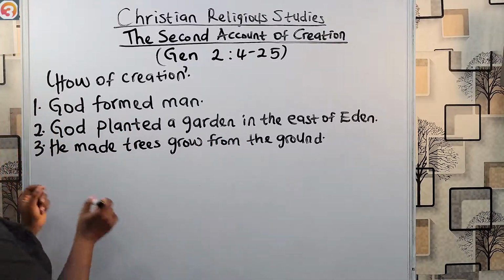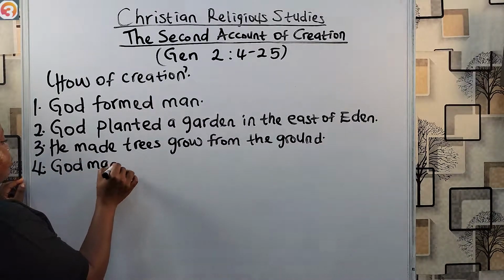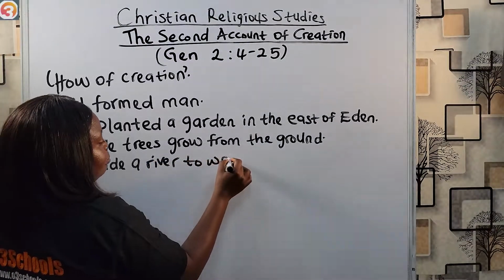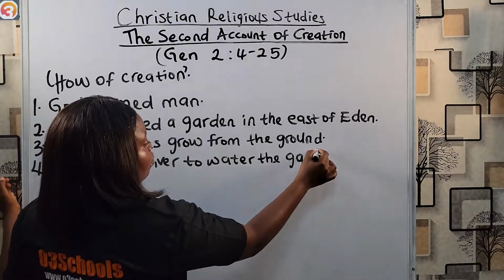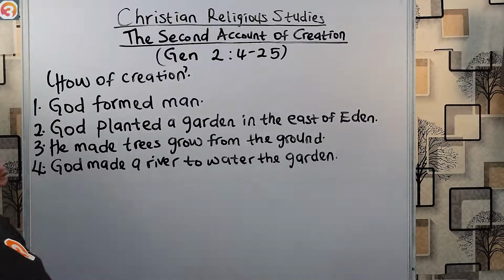Then there was also a river. God made a river to water the garden. And when the river flowed in, it divided into four.